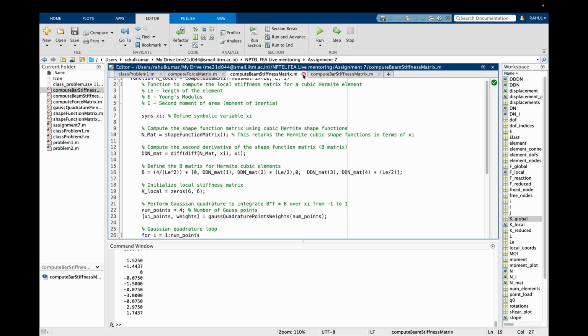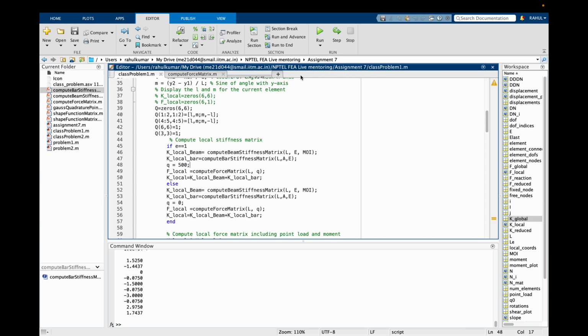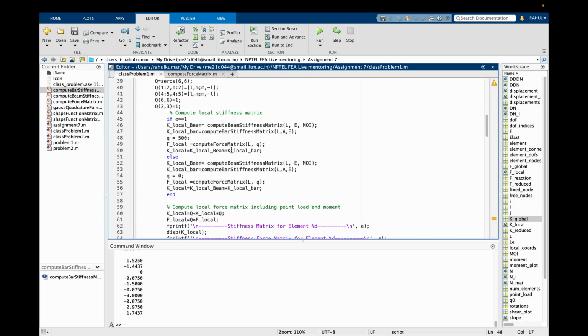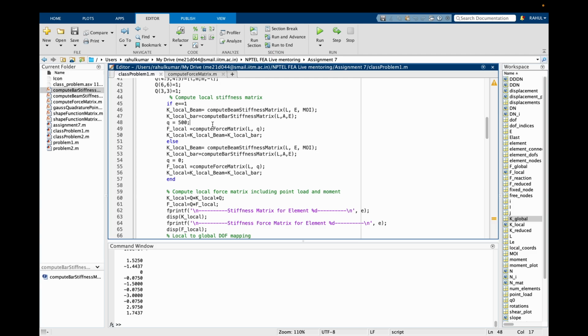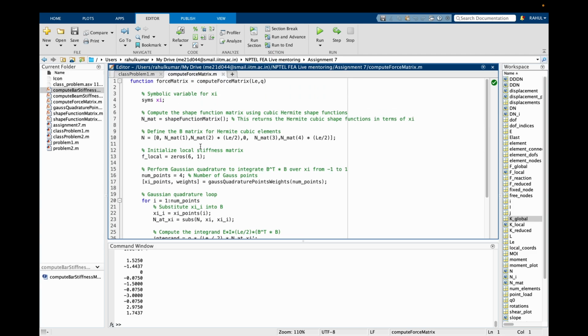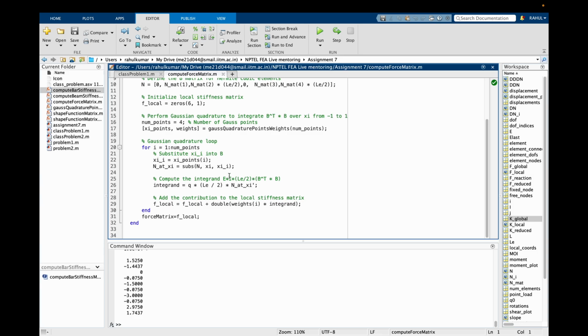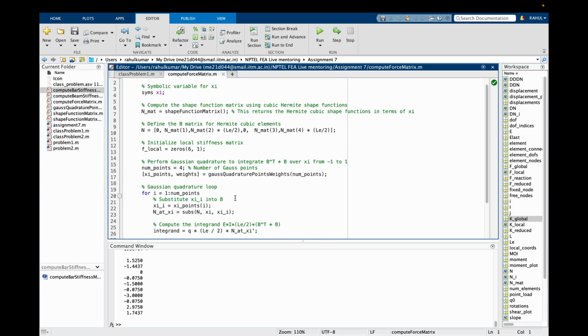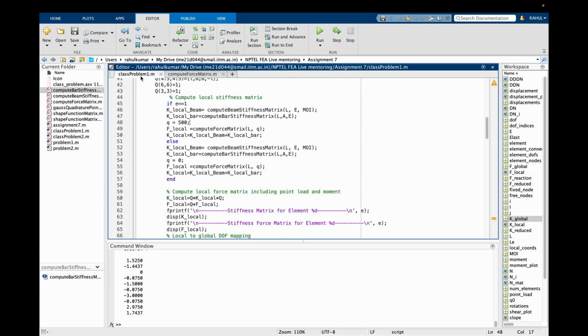So these two functions are all about the stiffness matrix. Then we will see compute force matrix. Compute force matrix will be the same, and this will be because of the beam. We already saw that if you treat it as a bar, then later we will apply the boundary condition in the global force matrix.